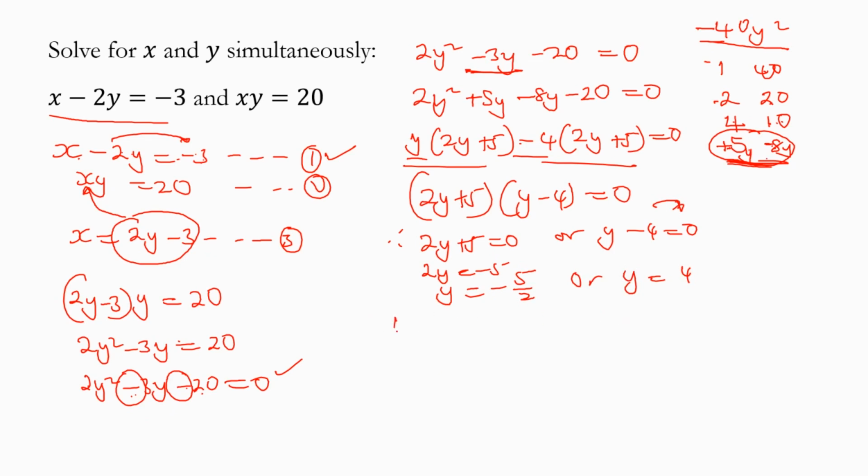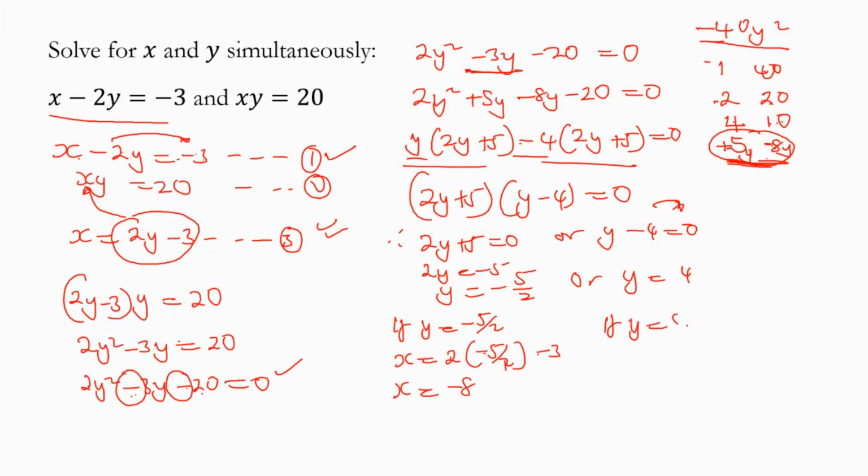So if y is equal to negative 5 over 2, let's use this equation. What is x? x is equal to 2 times negative 5 over 2 minus 3. So it means x is equal to 2 into 2, 1, we remain with negative 5. Negative 5 minus 3 is negative 8.